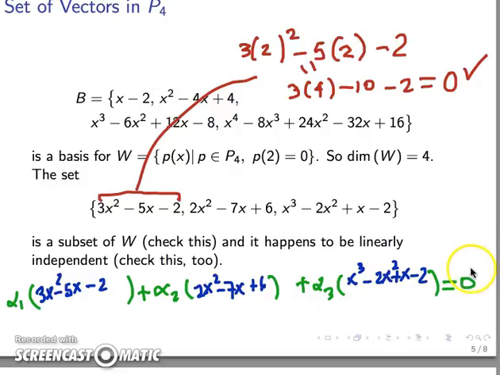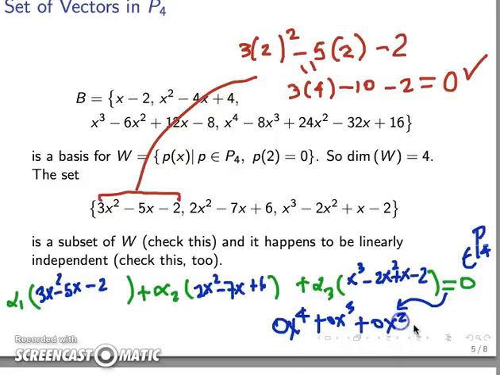But notice that this 0 on the right side of the equation would be the 0 in P4. So that 0 in P4 means 0 times x^4, 0 times x^3, 0 times x squared, 0 times x, plus 0.